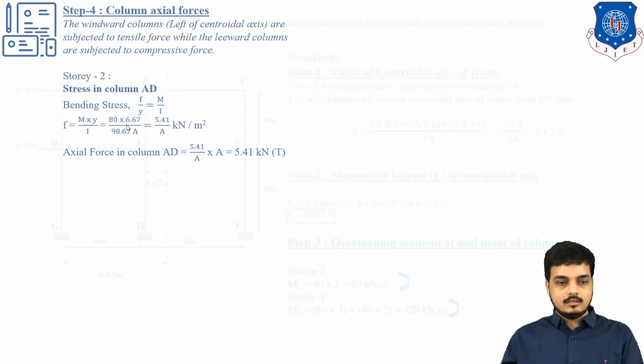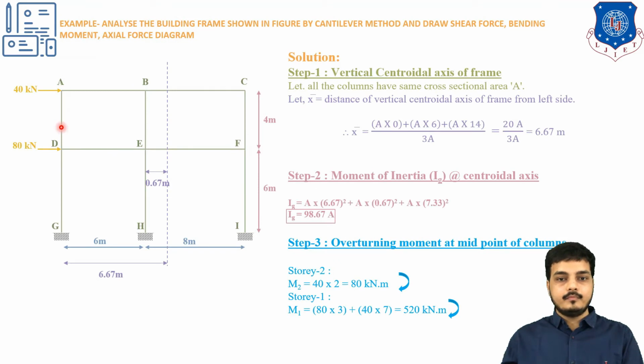For column AD, the distance is 6.67 meter from the centroidal axis, so my Y distance is 6.67, as shown here.